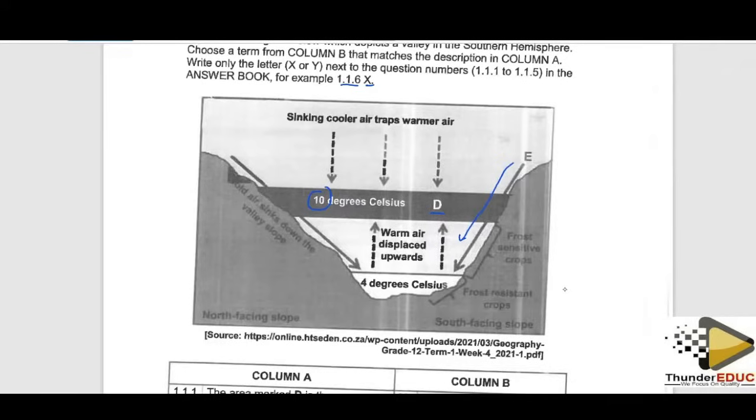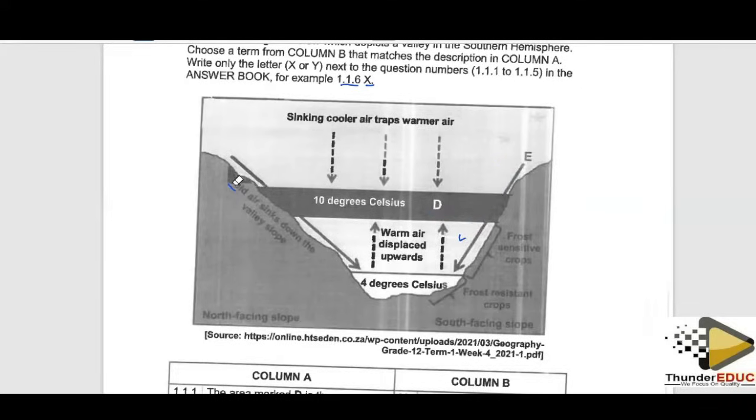Also, on the other side, they say cold air sinks down the valley slope. Here they're showing frost-sensitive crops, frost-resistant crops, south-facing slope, and on the other side, the north-facing slope. All right. Therefore, let's try to analyze and look at the various questions.